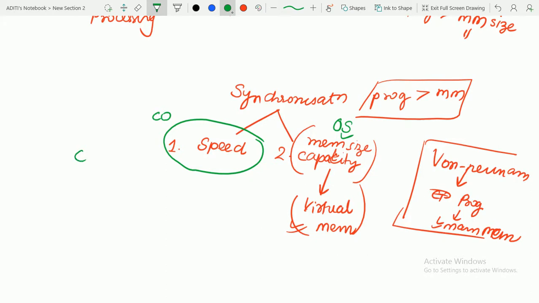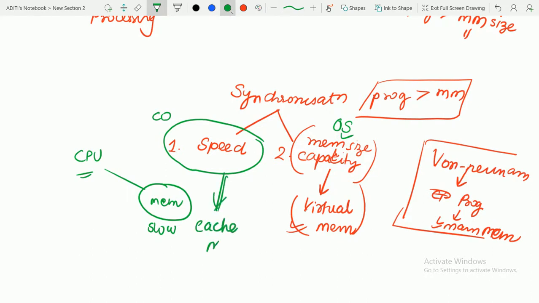CPU speed is very high. In order to synchronize it with main memory, which is a slow device, there must be something. Here comes the concept of cache memory. Cache memory synchronizes the speed difference between the CPU and the memory.